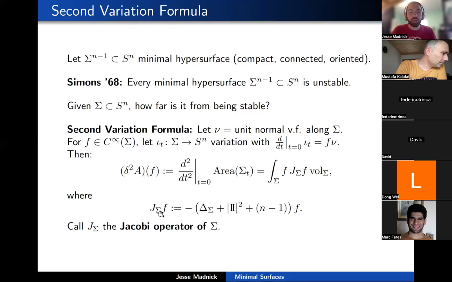So the Jacobi operator of sigma on f is just the Laplacian on sigma, notice that that's intrinsic to the geometry of sigma, plus the square of the second fundamental form plus n minus 1 times f. So this is a second order strongly elliptic operator, and it's the Laplacian plus 0th order terms.